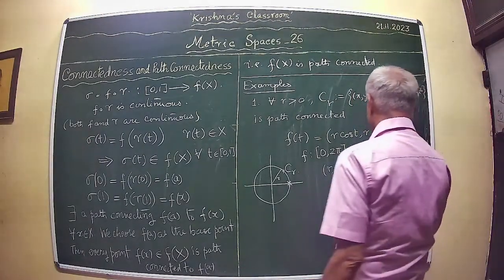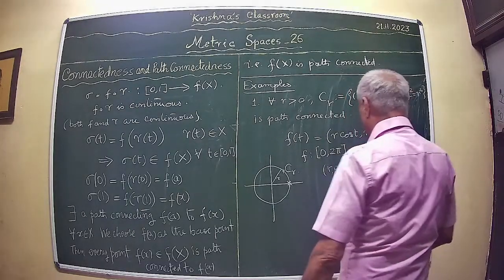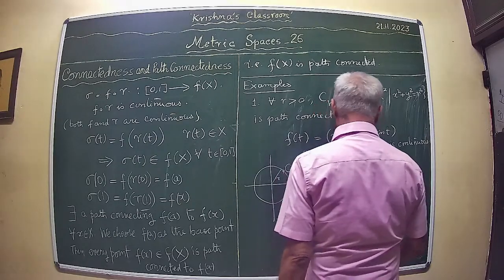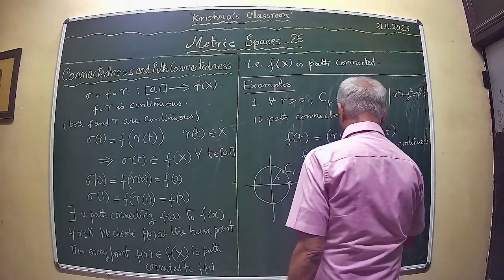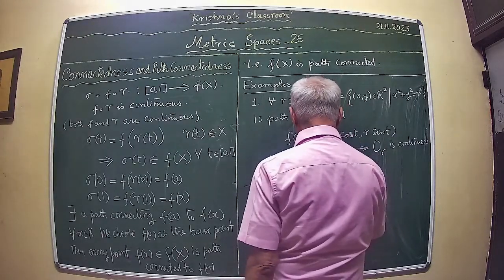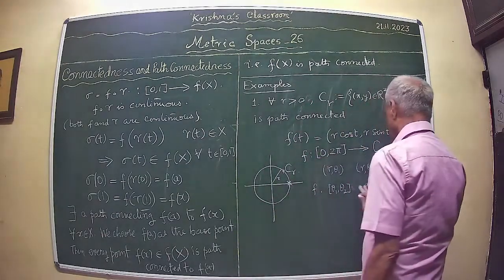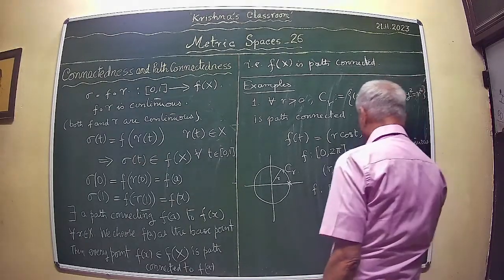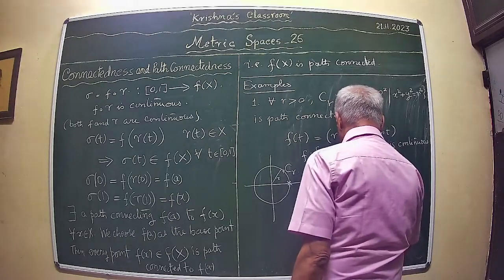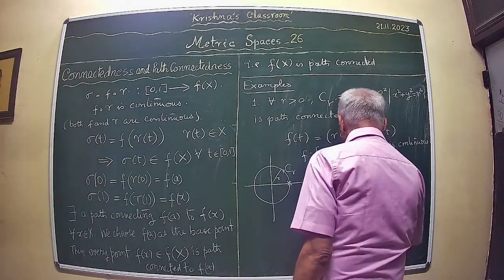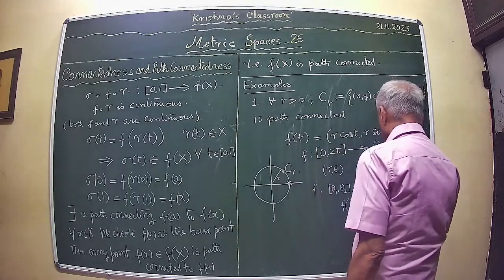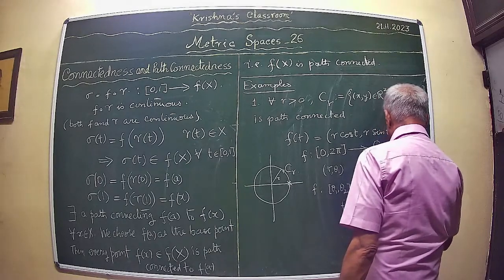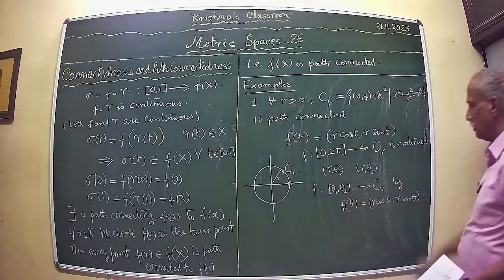Then all that you have to do is define a map, so we define f of theta equal to r cos theta, that maps from theta 1 to theta 2 here.